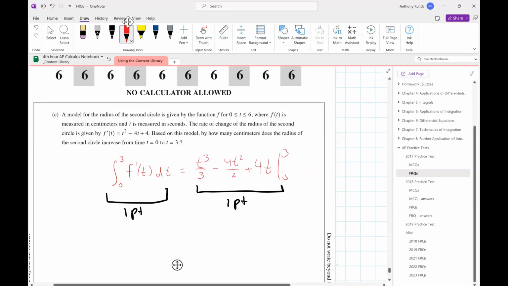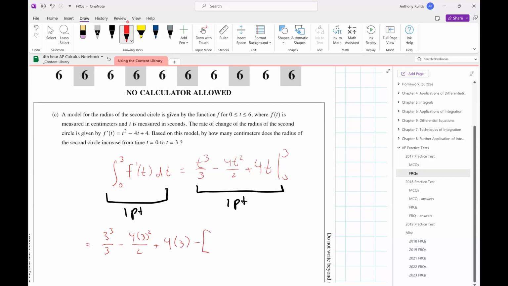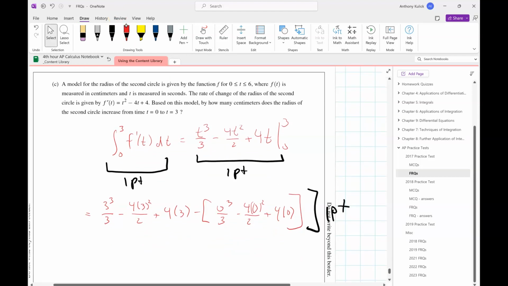And then plugging those values in was the third point. They shouldn't have penalized you, but this comes out to be 3.